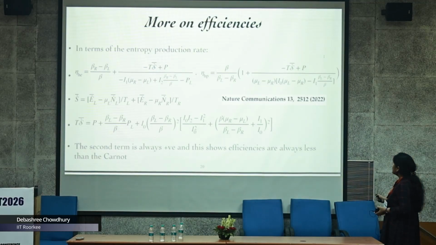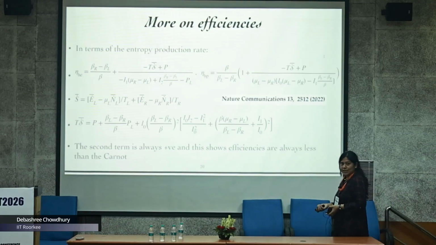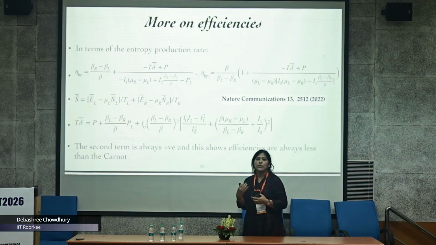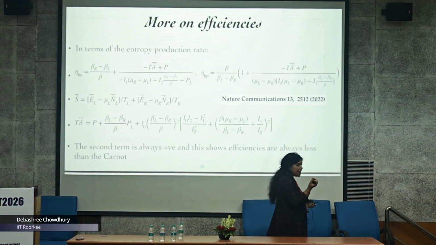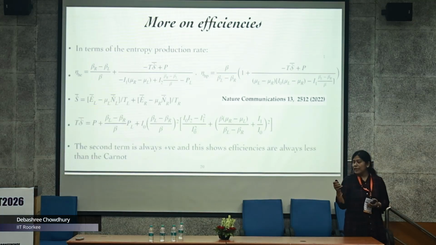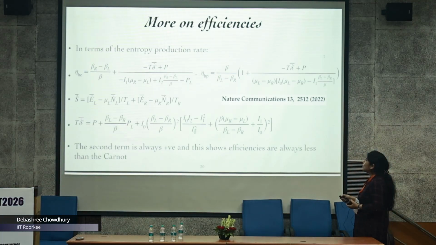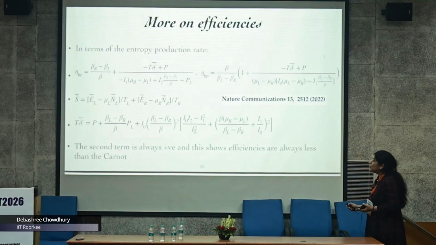In this paper, the authors have shown that they are beating the Carnot efficiency for some topological edge state system. So we are looking for whether we are also getting something like this, but we are not, because this T S dot, if you calculate, becomes this, and the second portion is a complete square.